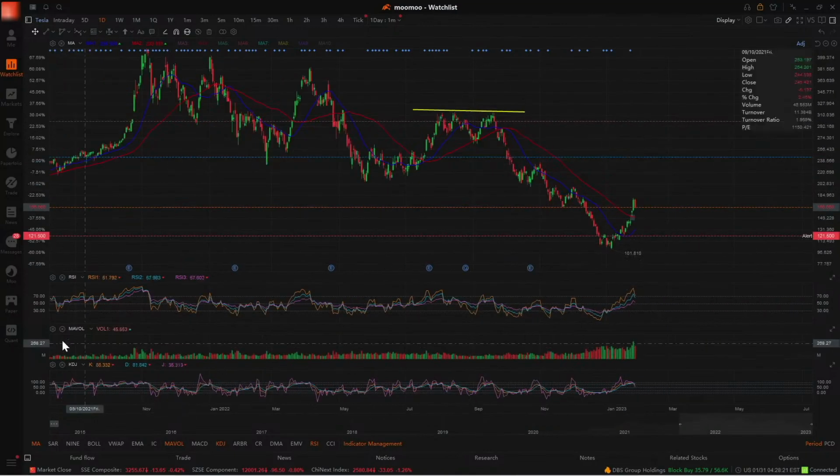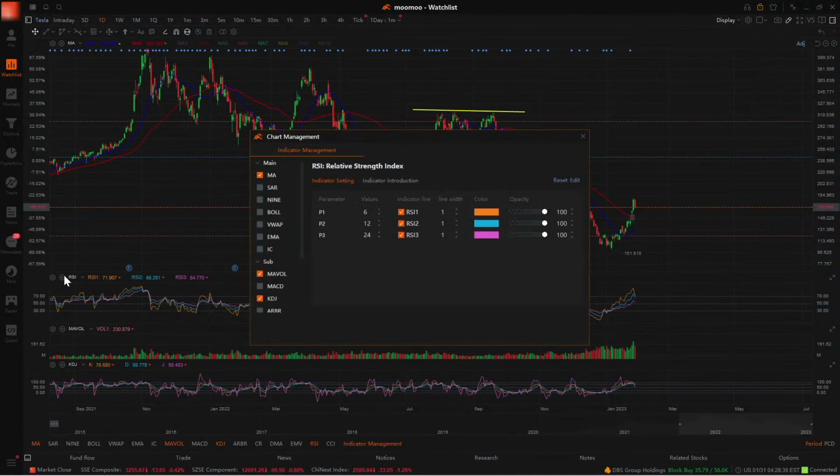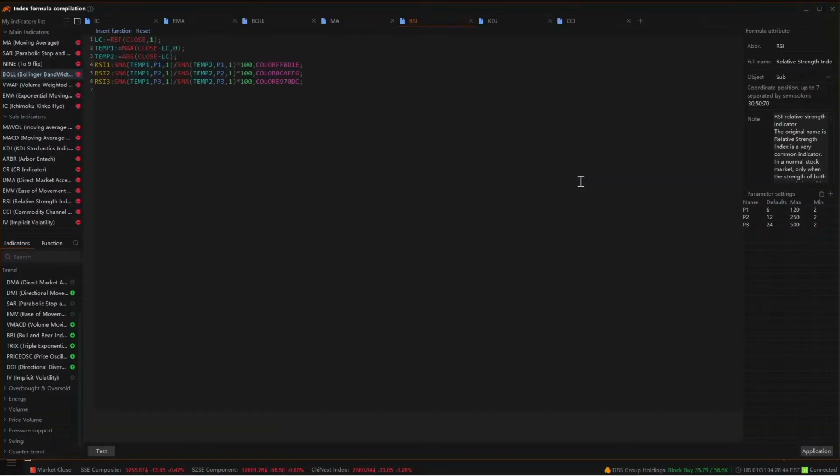Some people may ask, how do I change these lines from 70 to 80? Let me show you. Click on these settings, and then you can click on edit.